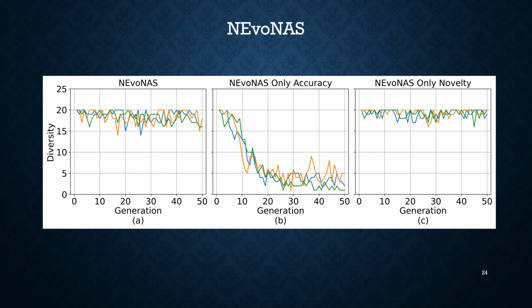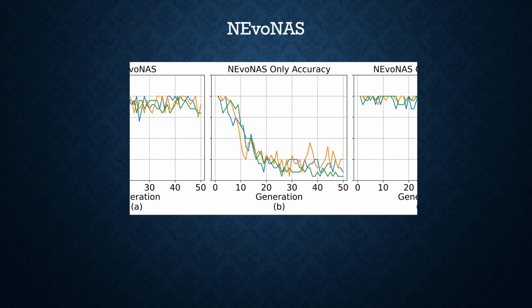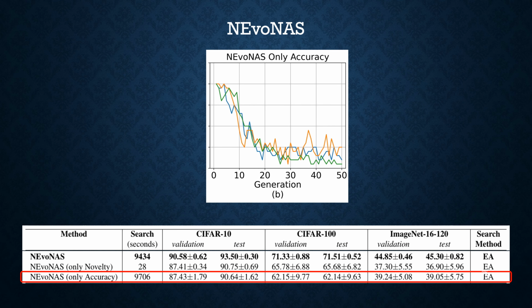Here we are showing the diversity of population in each generation. So when we have only a single objective of maximizing the architecture accuracy, the diversity reduces with generation, but because the supernet accuracy is very noisy, the standard deviation is pretty high.